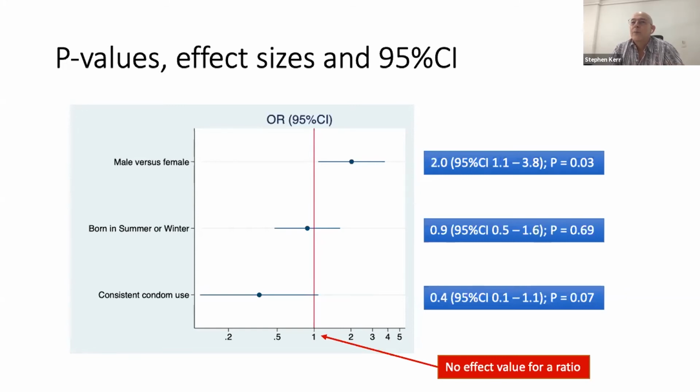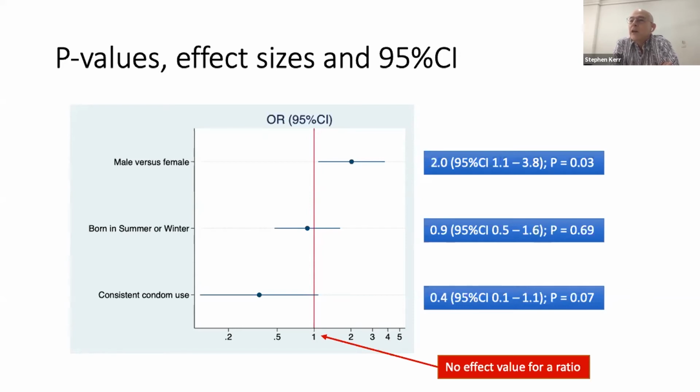If, though, we were going to model something like consistent condom use that wasn't in our data set, but I've just made up a variable, we see the odds ratio is 0.4 with confidence intervals going from 0.1 to 1.1. Because it's crossing the no effect value, the p is not significant at 0.07.